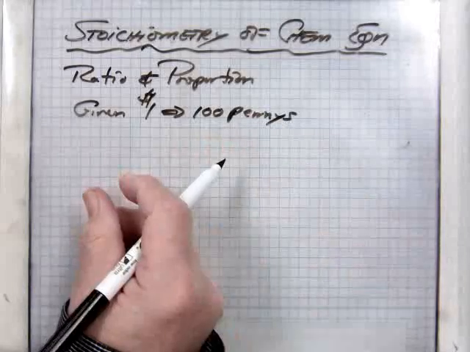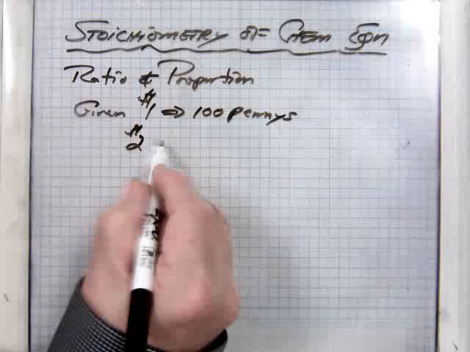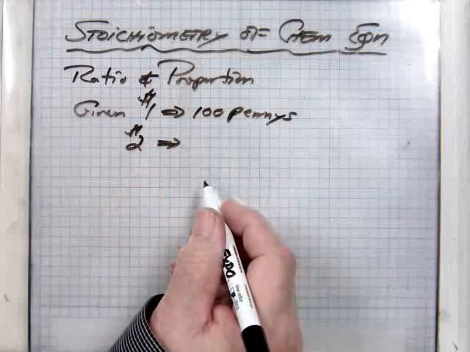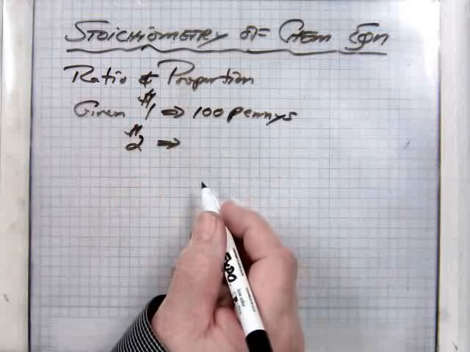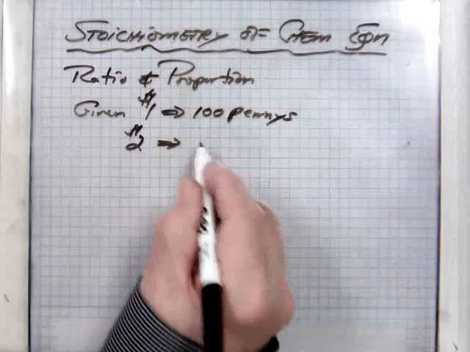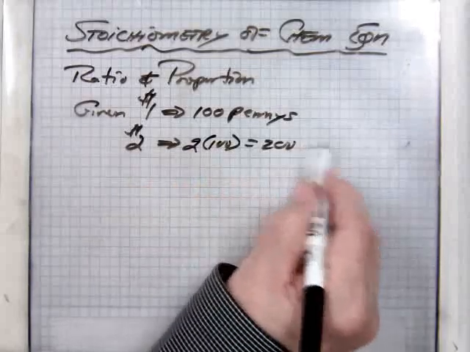Okay, that's easy enough, right? What if you're given $2? How many pennies do you have? 200? Yes? Now that's something you saw immediately. So it's 2 times 100, right? Or 200 pennies.